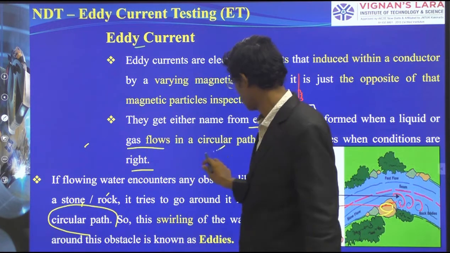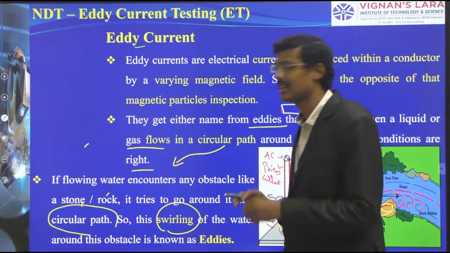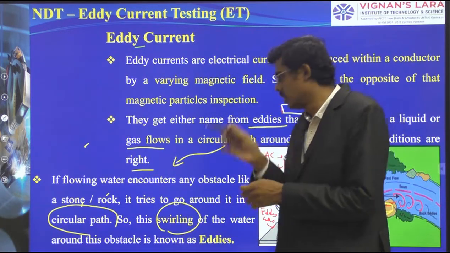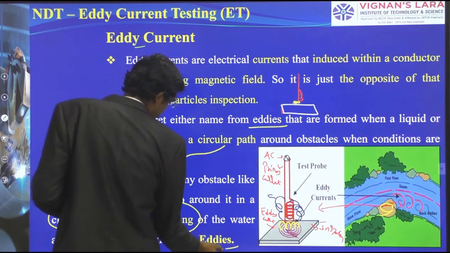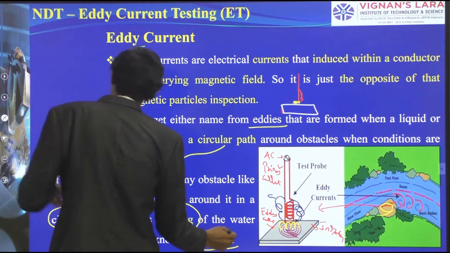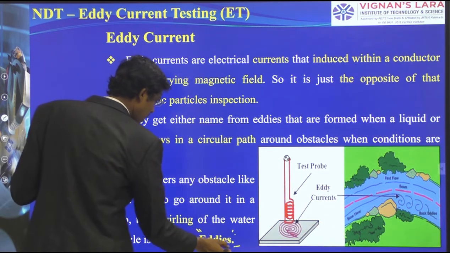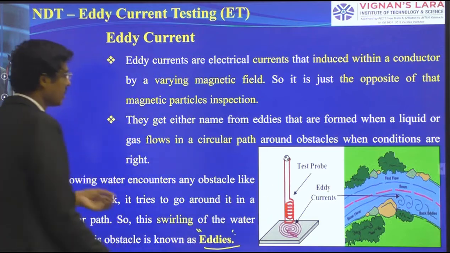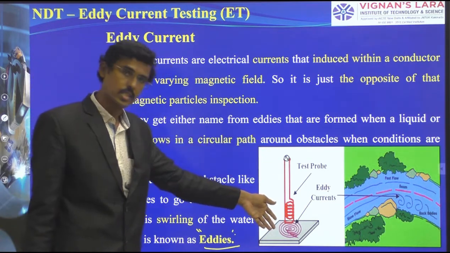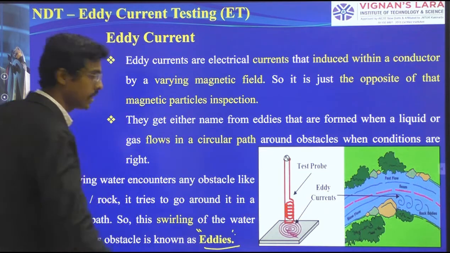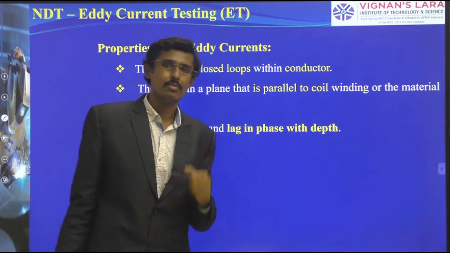The swirling of water around these obstacles is called an eddy. In our condition, due to the supply of primary current, it is generated on the plate, the inspection plate.